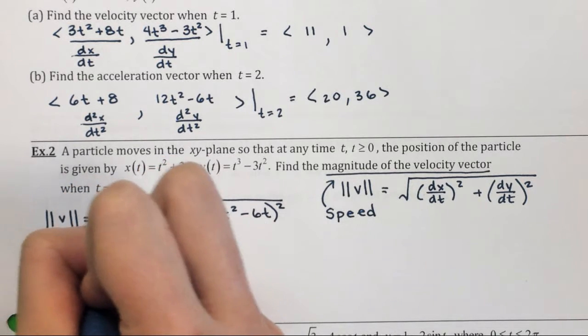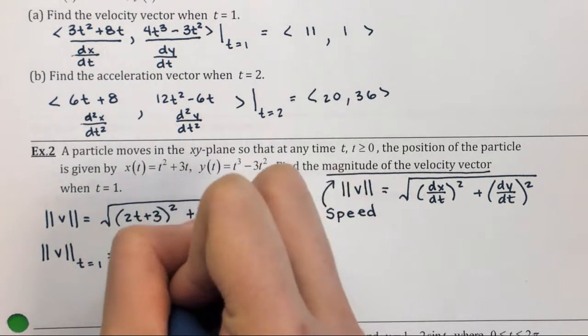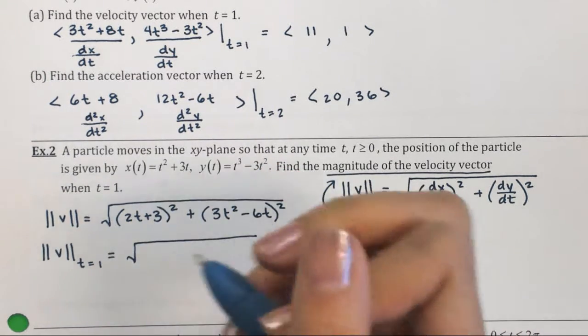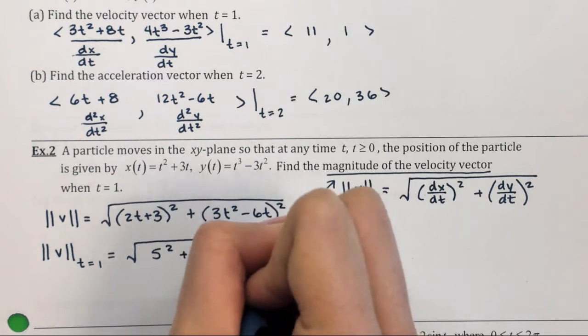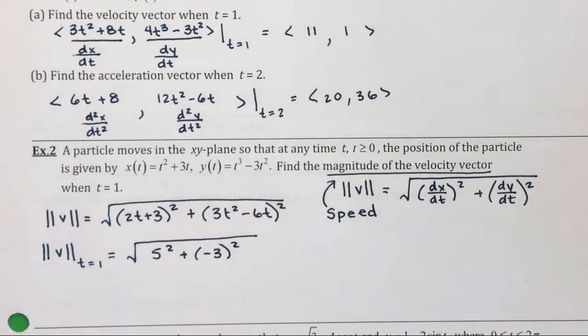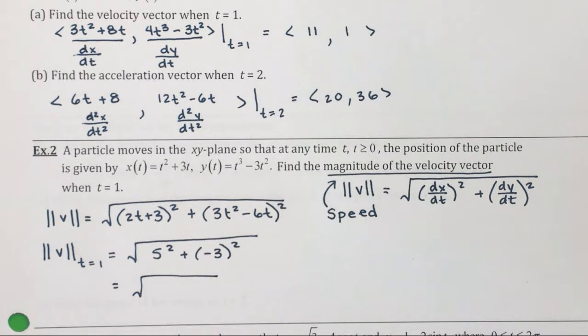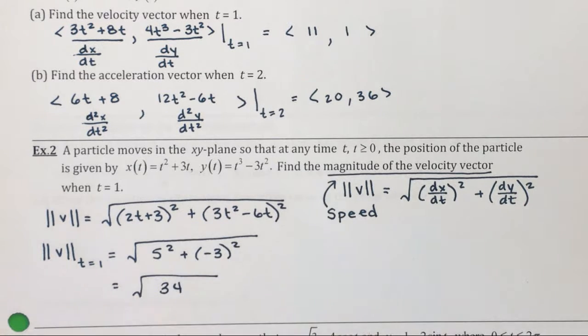So the magnitude of the velocity vector at t equals 1 is the square root of 5 squared plus negative 3 squared, which is the square root of 34, right?